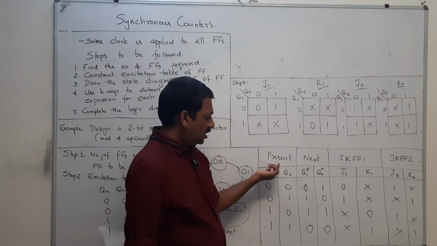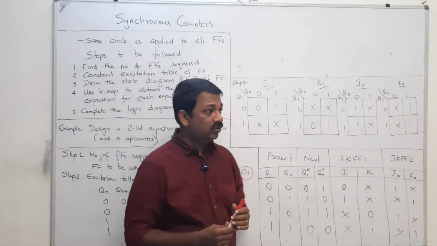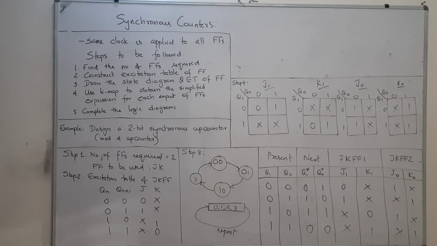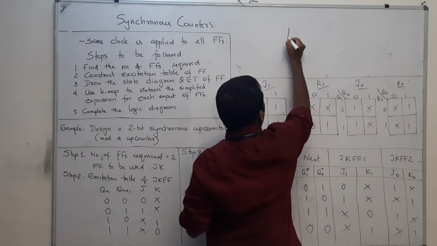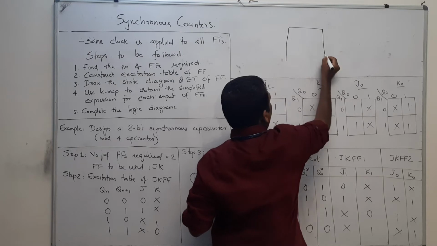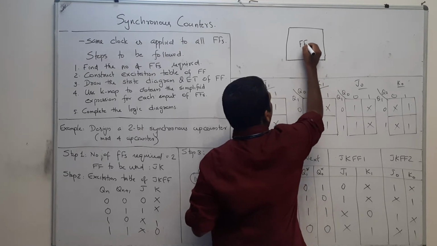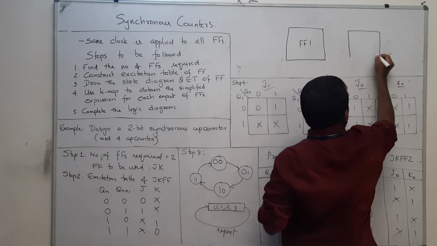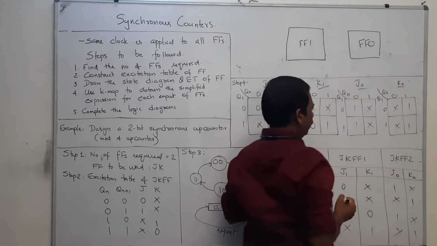That means if the present state, if you have two flip-flops, I'm going to draw two flip-flops. This is flip-flop number 1, F1, and this is F0, flip-flop 0.